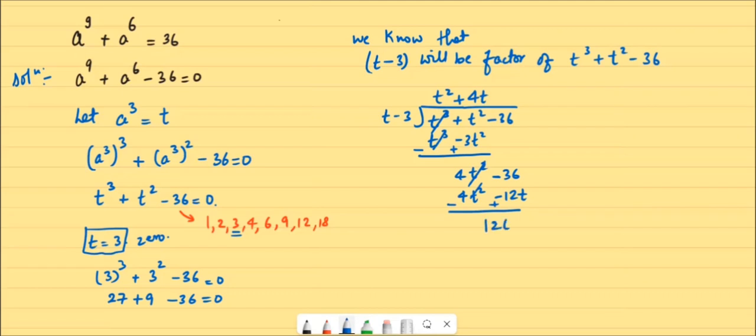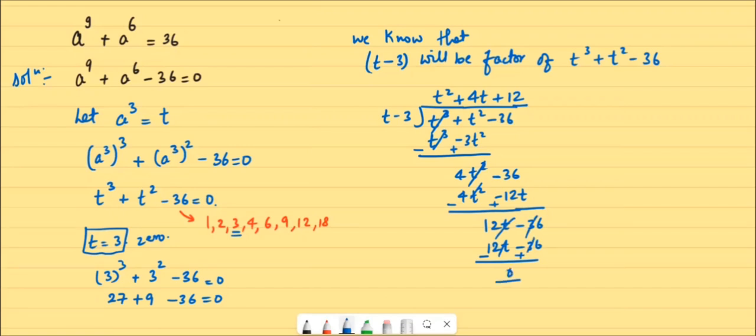Now we have 12t minus 36. Again we can simplify further, writing plus 12, since 12 times t gives me 12t. So I'll get 12t minus 36, and therefore when we subtract, the sign changes, and we get the remainder as 0.